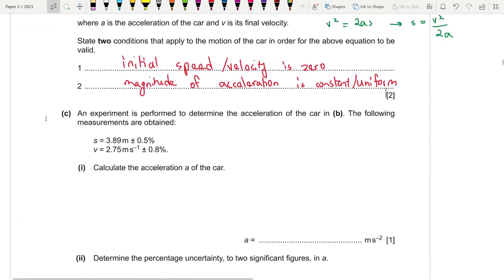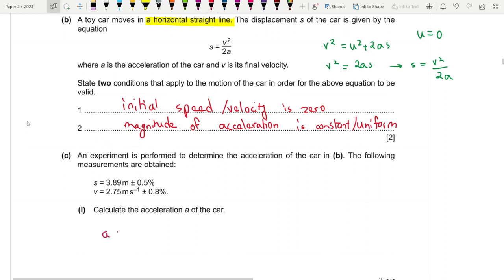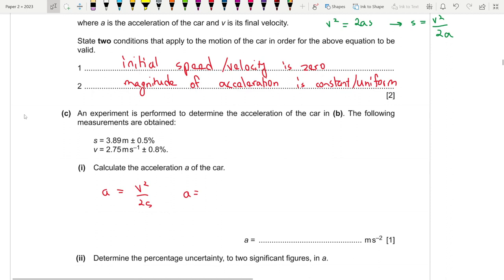Alright, let's calculate acceleration. So a is equal to v squared divided by 2s, or a is equal to 2.75 squared divided by 2 times 3.89. As you can see, our data is given to 3 significant figures, right?